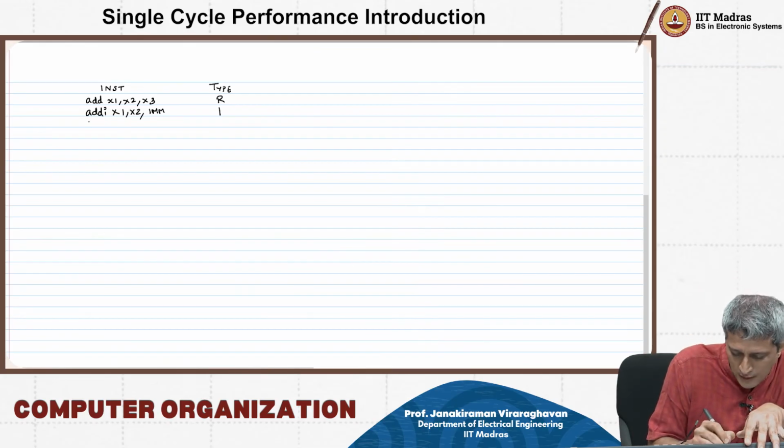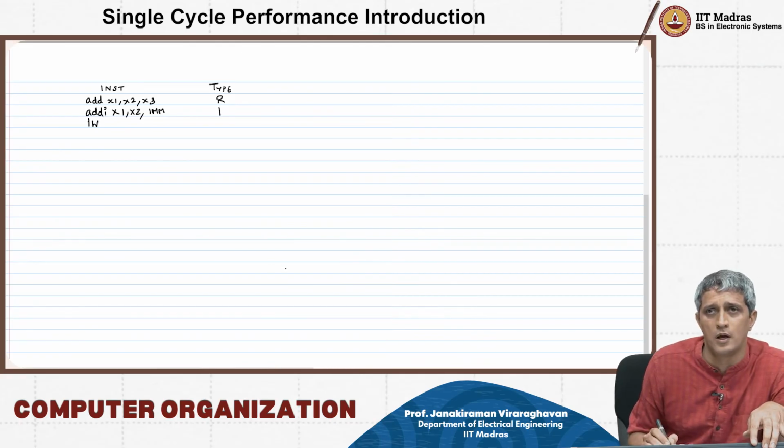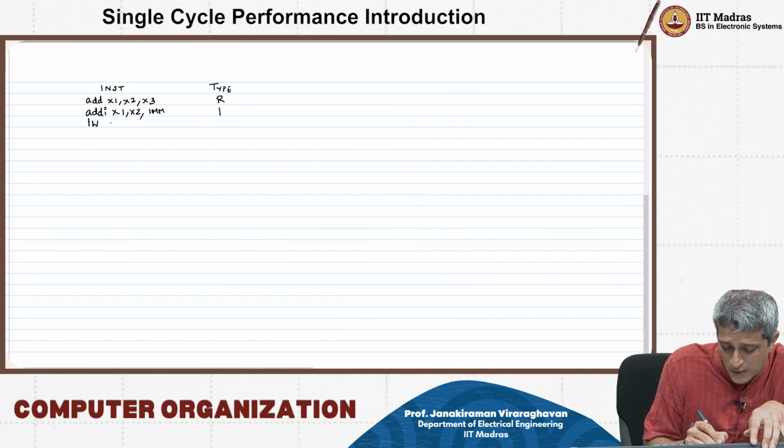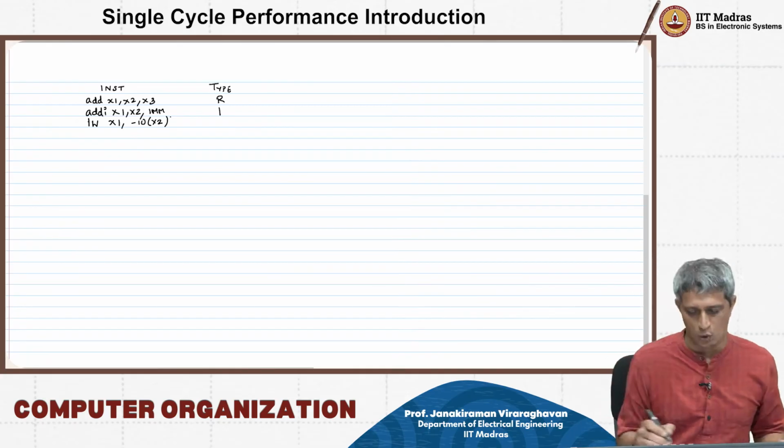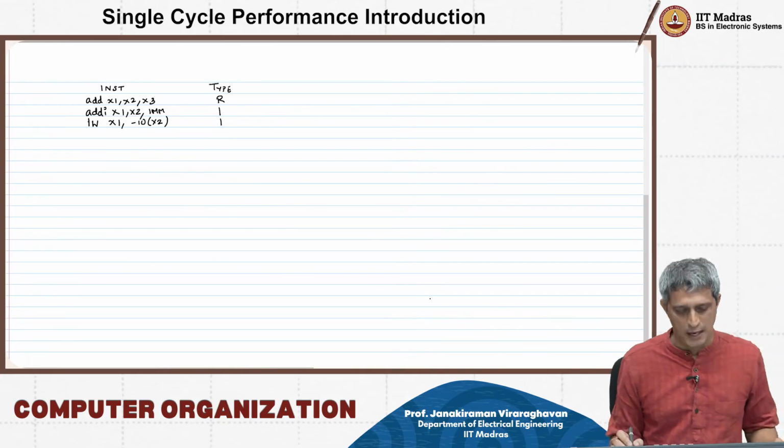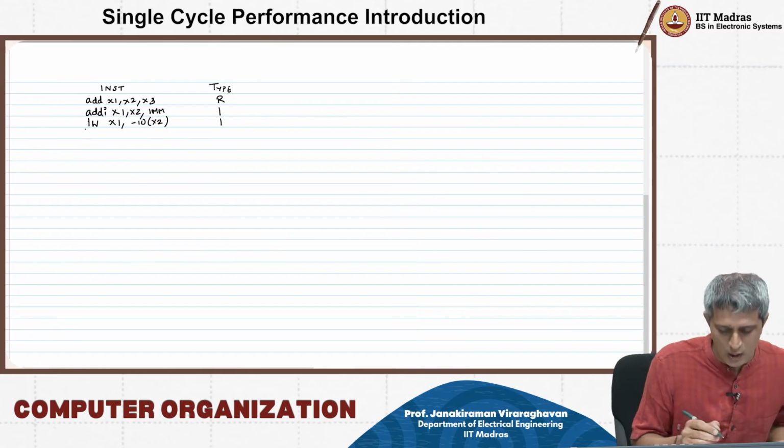Then you could do a load word, which is basically lw x1, minus 10 of x2, right, load word. This also happens to be an I type.